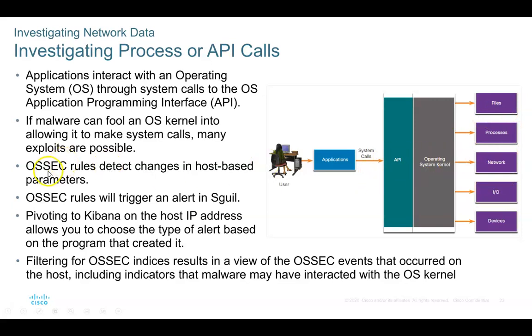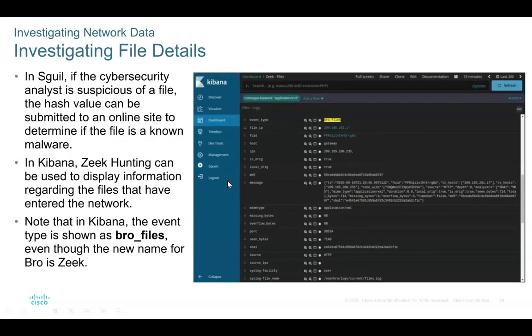But OSSEC will be able to detect these changes in the host-based parameters according to the API, and immediately trigger an alert in Sguil. Then you'll have to analyze that alert either using Kibana or something else, maybe Wireshark. So you'll be able to analyze that data and see what happened.